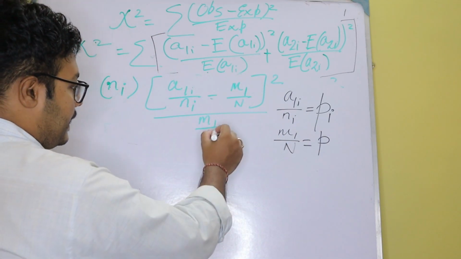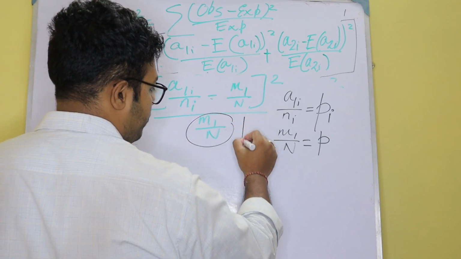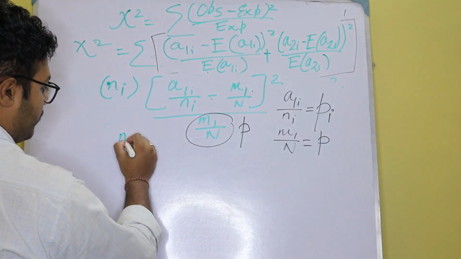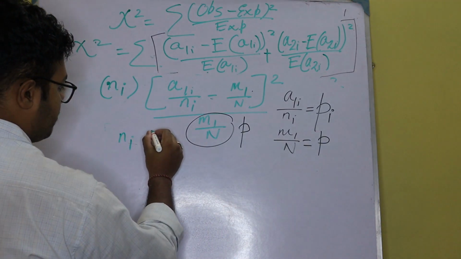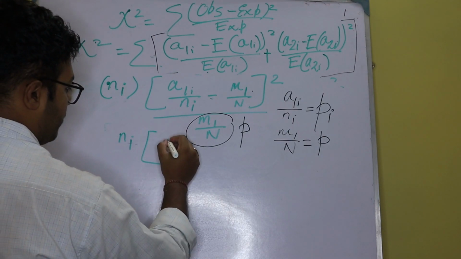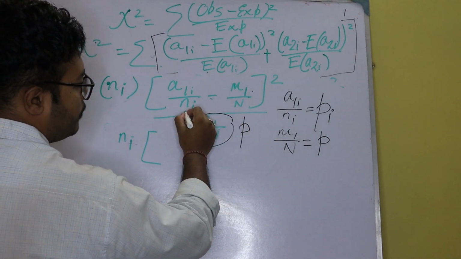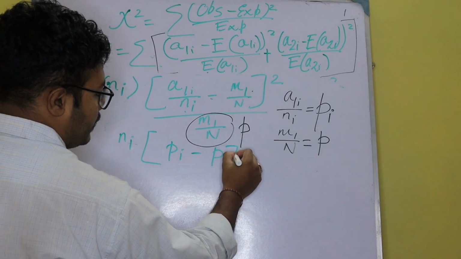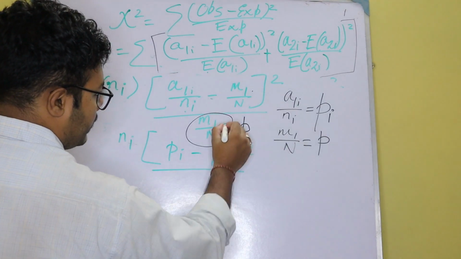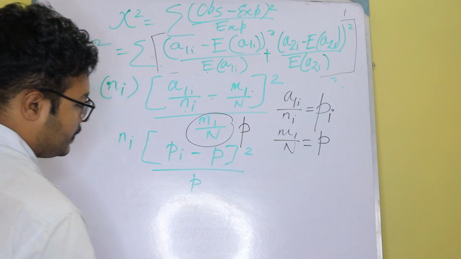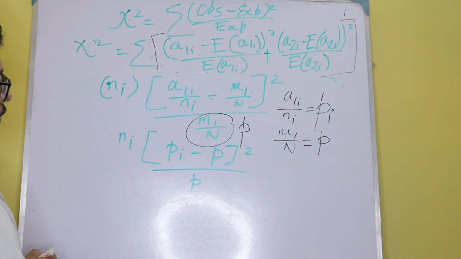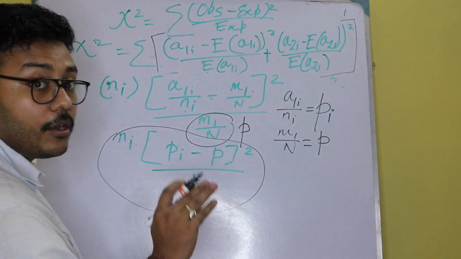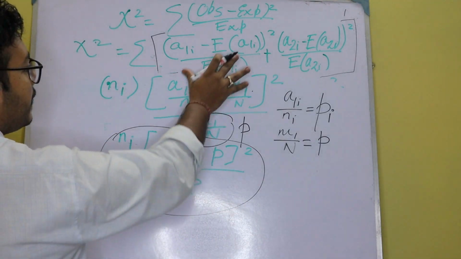So this expression will turn into pi, and this expression will turn into p. See here, this will be pi. So I am writing here (pi minus p) whole square by p. This is the final expression we got. This will be placed here.